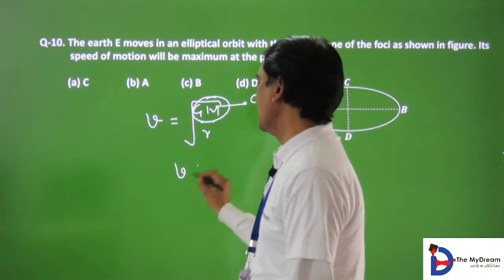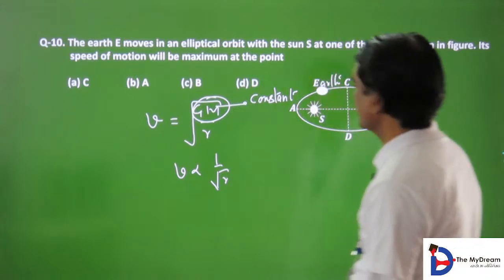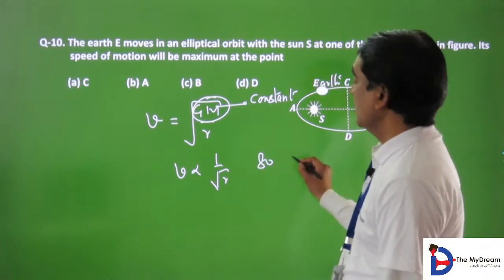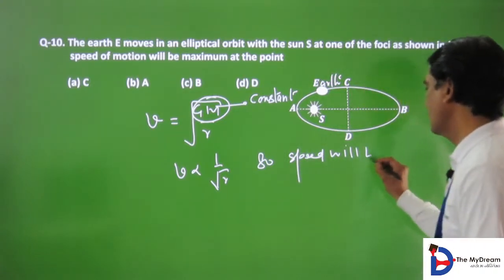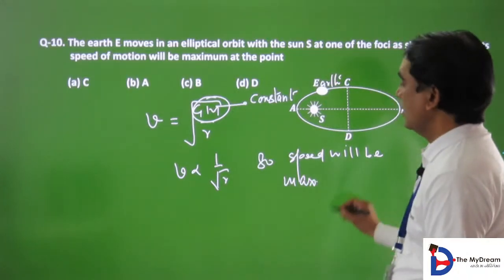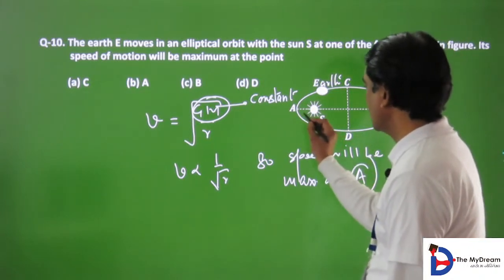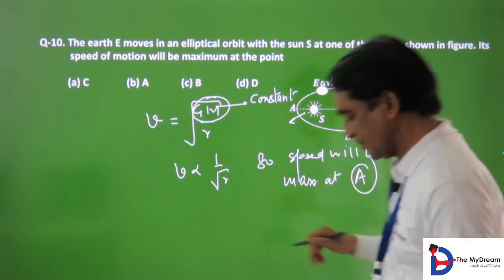So V is inversely proportional to this. So speed will be maximum at A, because this distance is very much smaller as compared to other points.